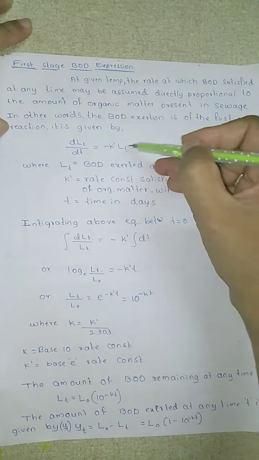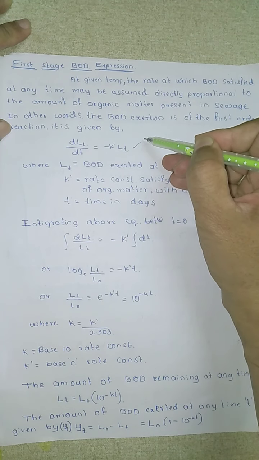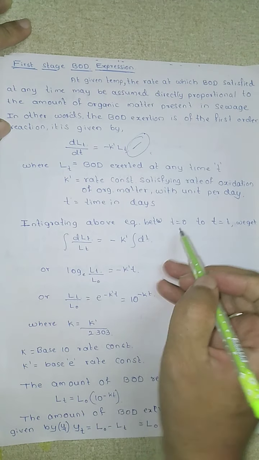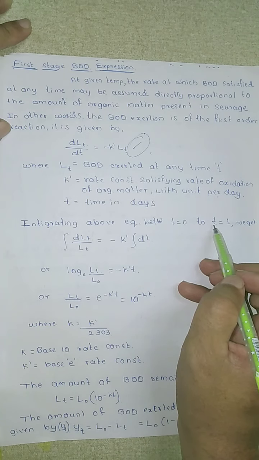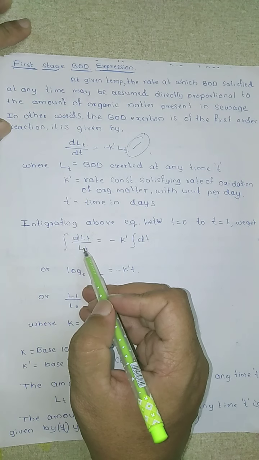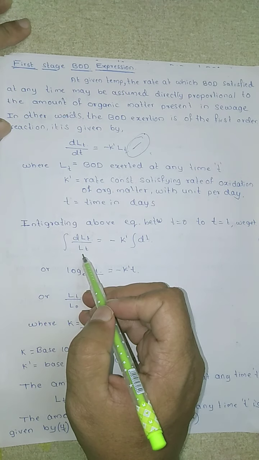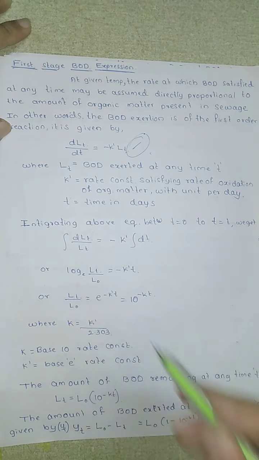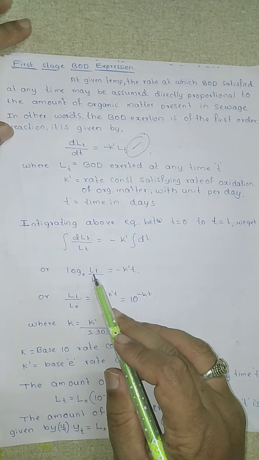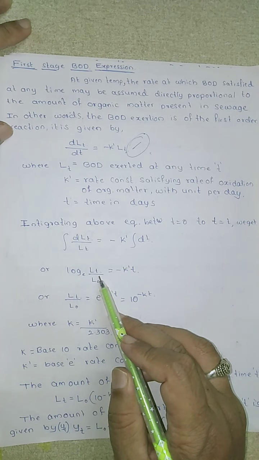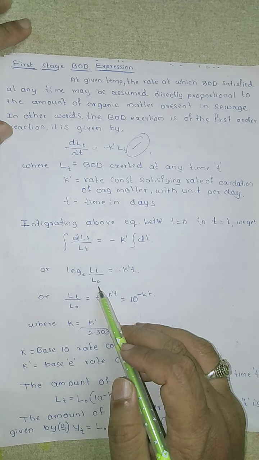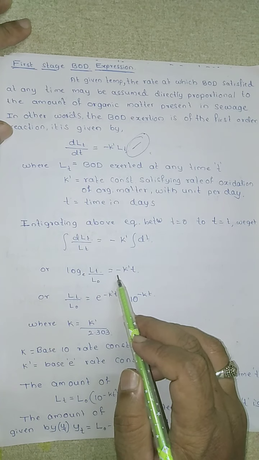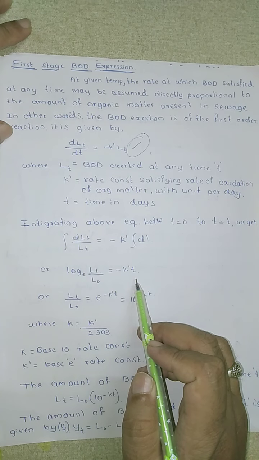Now integrating the above equation with the limits t equal to 0 and t equal to t, we get dLt divided by Lt is equal to minus k dash into dt. Now if we take the log, we get log e of Lt divided by L naught is equal to minus k dash into t.